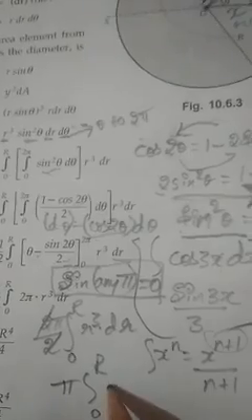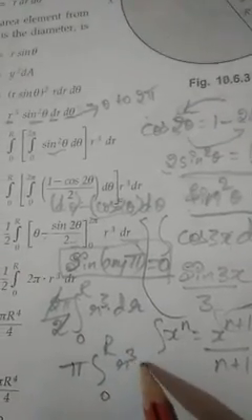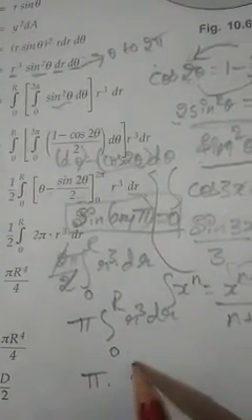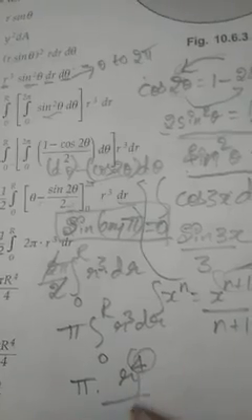Same like that, r cube if you integrate, you will get r to the power of 4, and the power 4 comes downwards. So the final answer will be pi r to the power of 4 divided by 4.